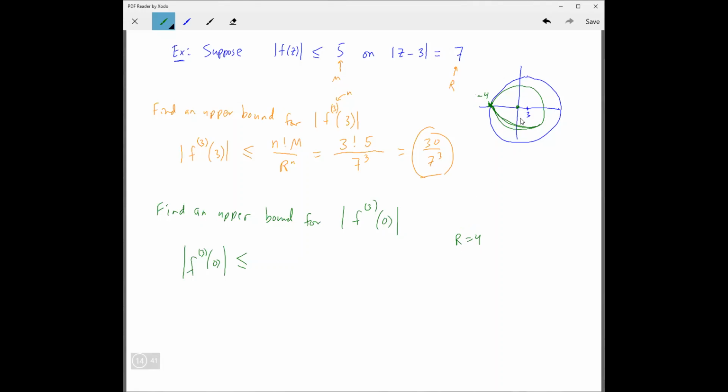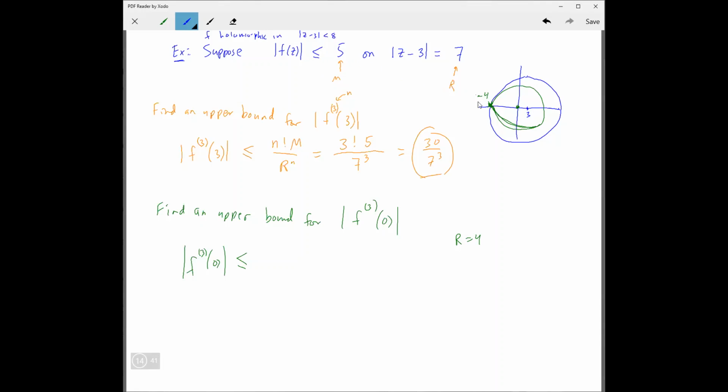There's another theorem called the maximum modulus principle. I guess I need the condition that f is holomorphic on z minus 3 less than 8 or something, so we need f holomorphic in some open region that contains all of this and all the inside.